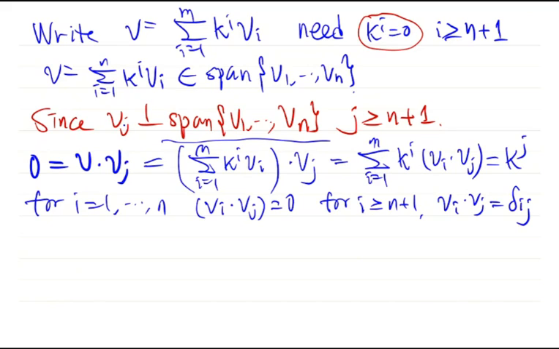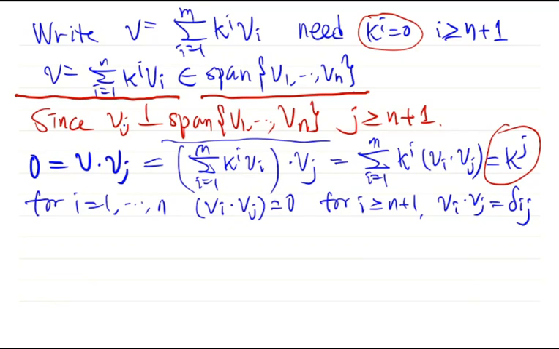Otherwise, the result is 0. So using this property, you will get the final equality. So this proves that when j is greater than n, then kj is 0. The coefficient kj is 0. Therefore, our V is really the linear combination of V1, V2, ..., Vn, so it belongs to the span space. Okay. So this proves this lemma.